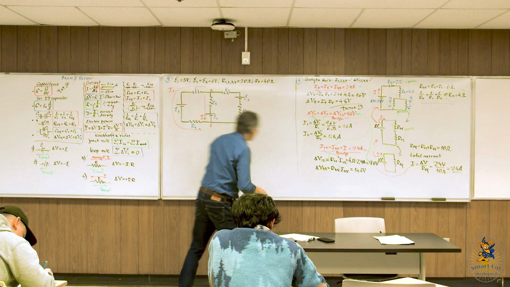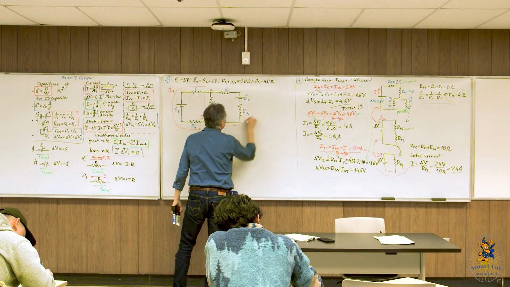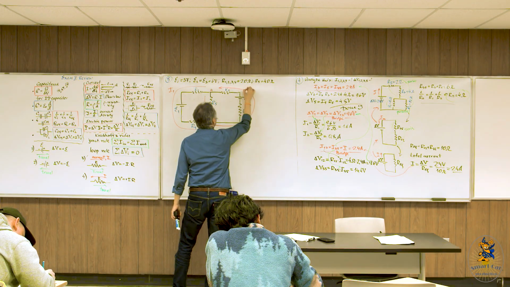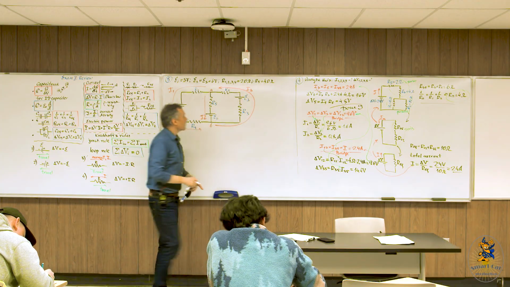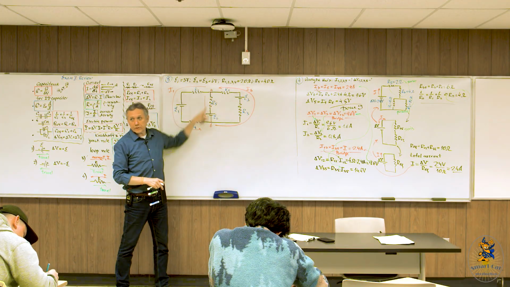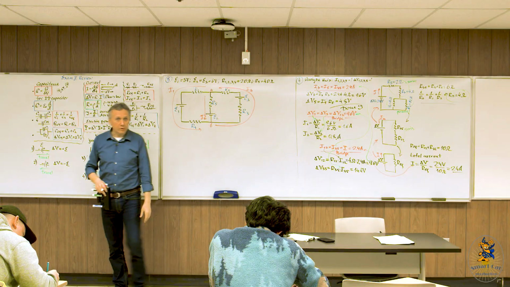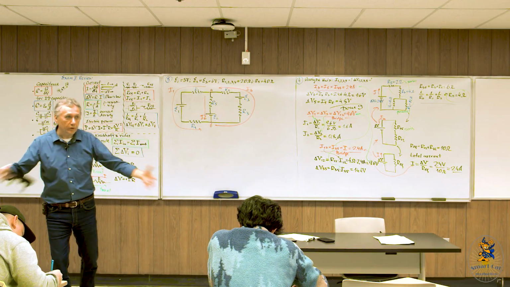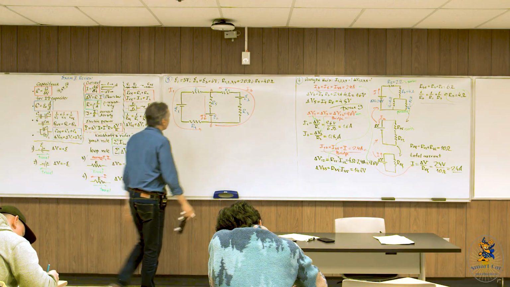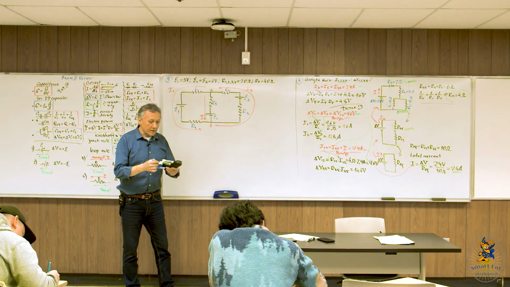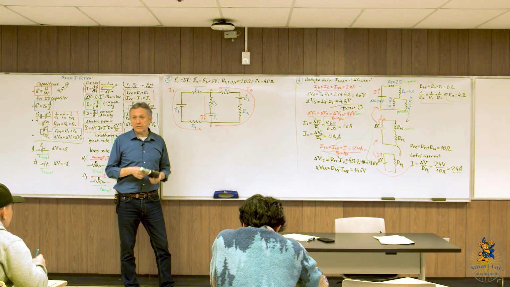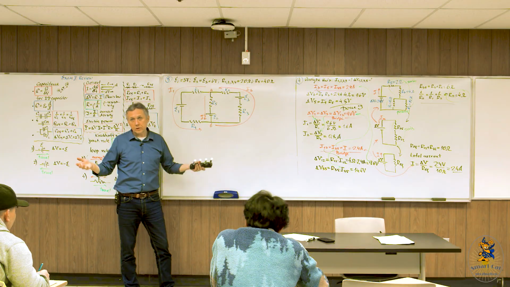Which direction? Again, counterclockwise. I3. And again, remember, they only exist up to points A and B, right? Because at junction points, currents merge and currents get split.